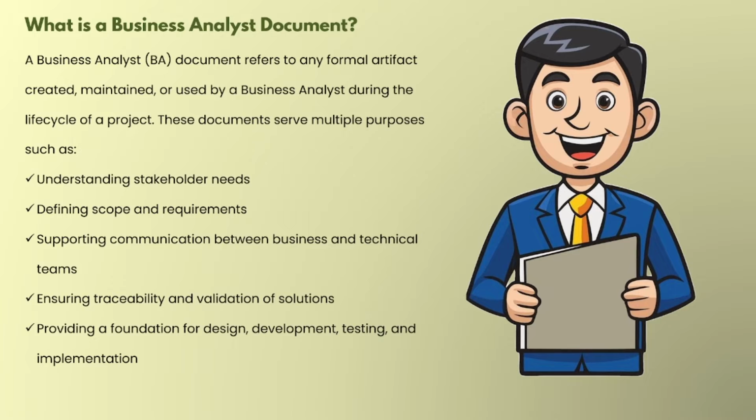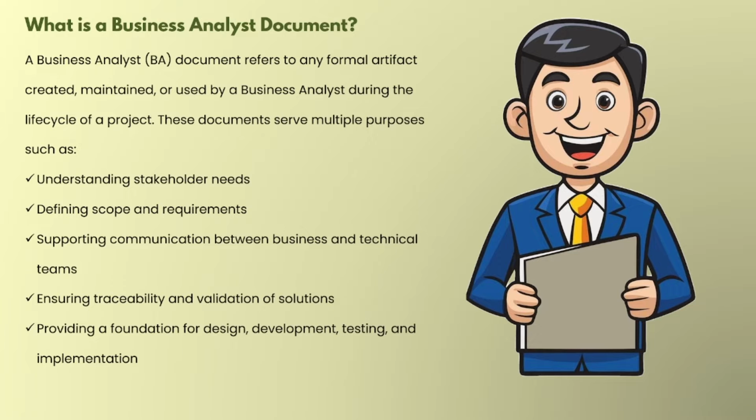So this is a very important document as far as a BA is concerned. Then ensuring traceability and validation. This document helps us track every requirement and make sure it's tested properly. And last, providing a foundation. This document guides the design, development, and testing teams with what they actually need.